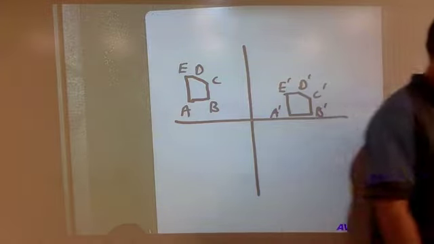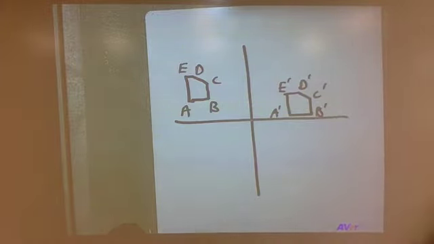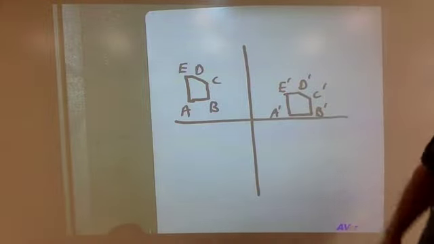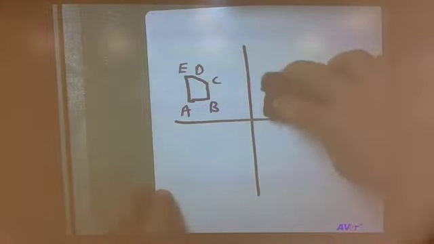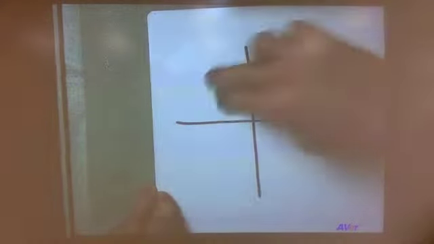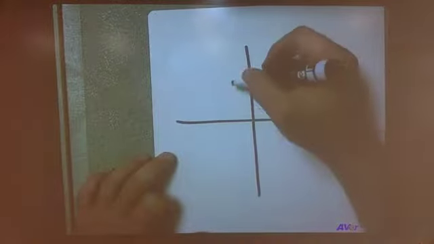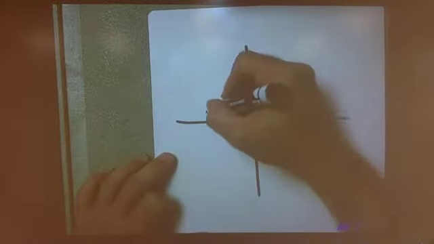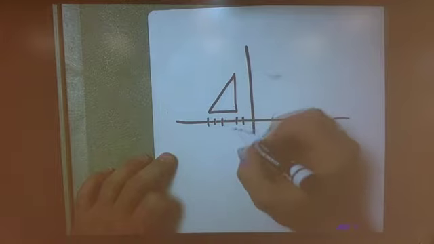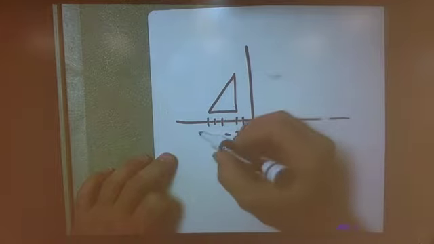And finally, what you need to know for this standard is how far you're supposed to move this shape. So I'm going to put a simpler shape on there for you, and I'm going to use a right triangle, and I'm going to put it right here at -2, -5.